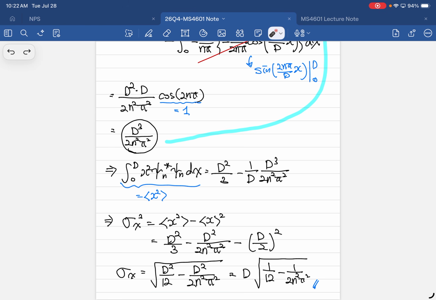Now we can evaluate the standard deviation. That is essentially ⟨x²⟩ minus ⟨x⟩ squared. ⟨x²⟩ we just got from here, so this part comes down.